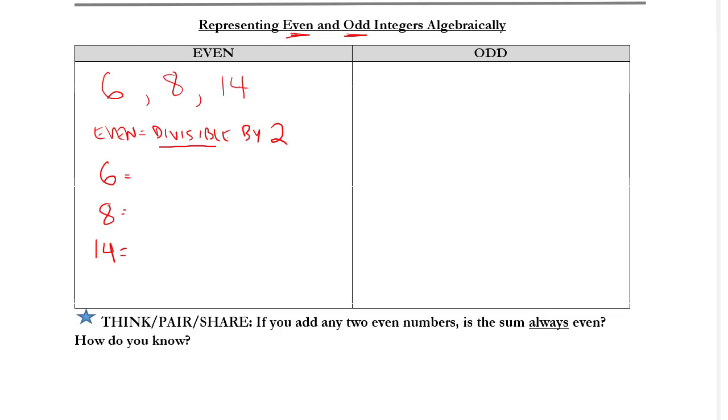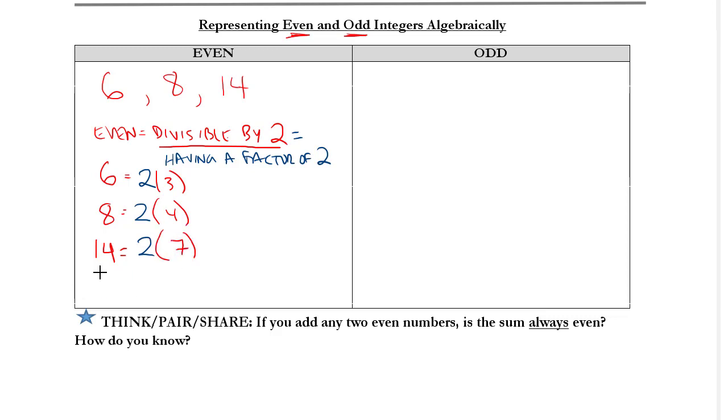If it's divisible by 2, it means the same thing as having a factor of 2. And so 6, we can rewrite as 2 times 3. 8, we can rewrite as 2 times 4. 14, we can rewrite as 2 times 7.